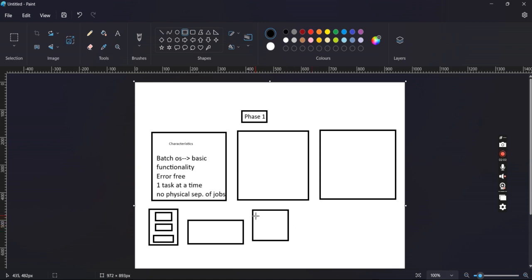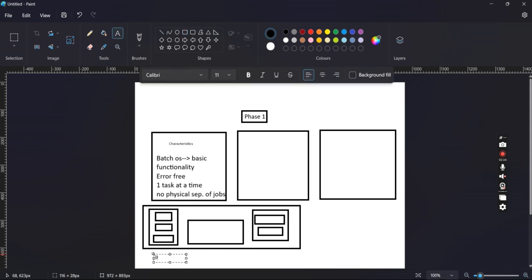So similar to that, what we are going to create is our own batch operating system with a few basic functionalities. Now you would be asking, what was the set of tasks that we were giving as input and how were they given? They were given in the form of punch cards.